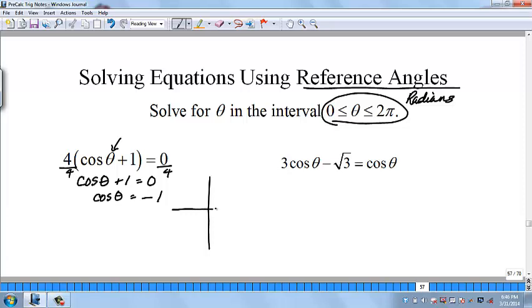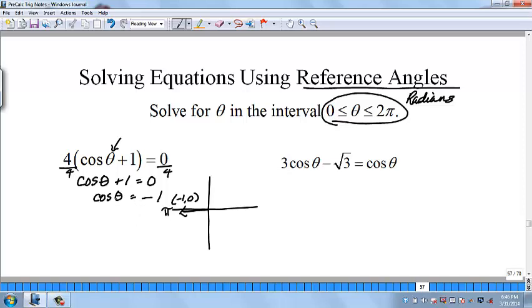The first thing I want you to do is draw a picture. When you have a 1, a negative 1, or a 0, you're probably looking at a quadrantal angle. So I know my unit circle. I know that at pi, this is the point negative 1, 0.